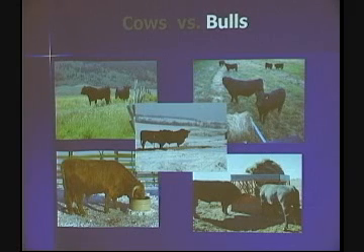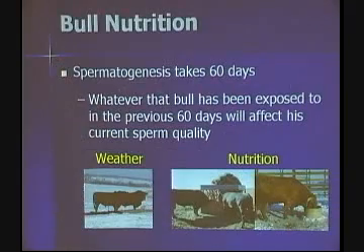But what else is happening during this period from the time we pull them out from the cows? They go through the year, the quality of the forage they're consuming is declining through the summer, into the fall, through the winter, and we tend to pretty much forget about the bulls. We want to forget about them because they're causing us so much trouble. And we really need to pay more attention to the bull's nutrition, because development of the sperm cell requires 60 days.